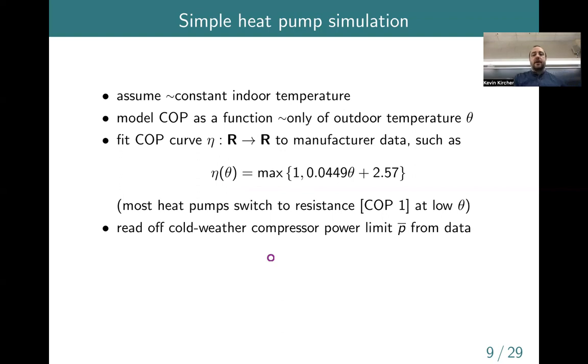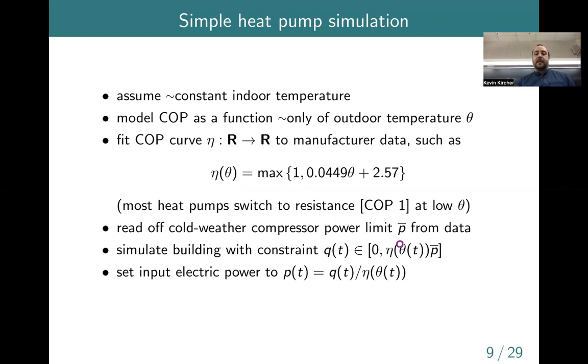Okay, so then we can look at electric power data from manufacturer spec sheets, either from that NEEP database or directly from the manufacturer. And you can get a rough estimate of how much electricity a heat pump will use when it's running essentially all out. And then you model the capacity, and this is not the only way to model a heat pump, but it's a simple way that works relatively well.